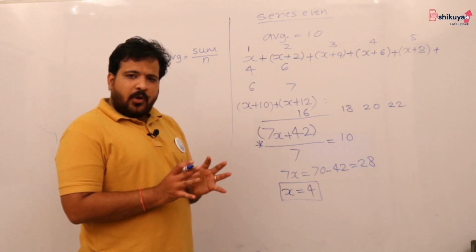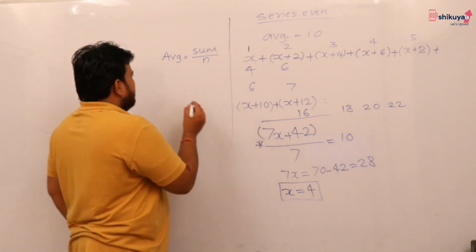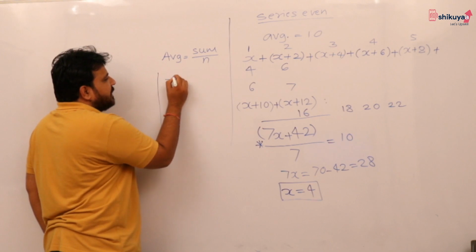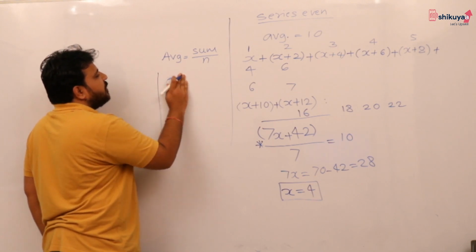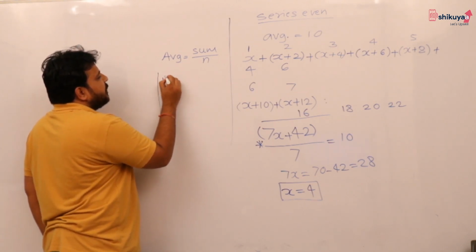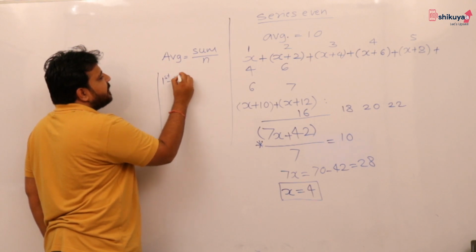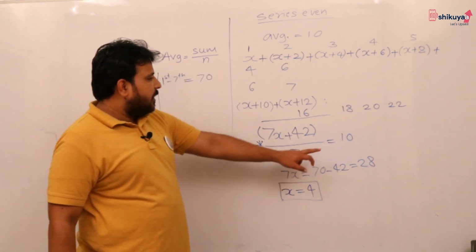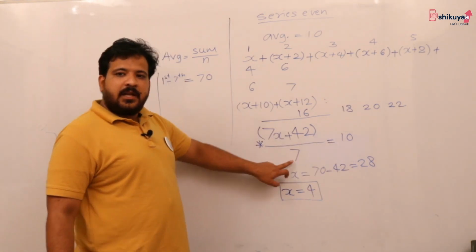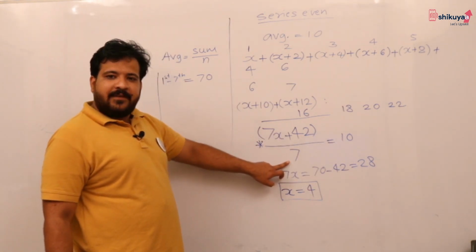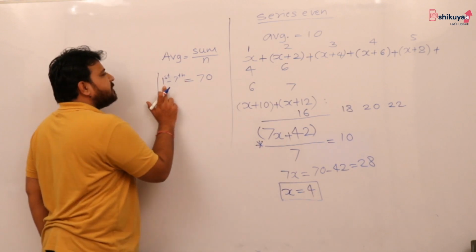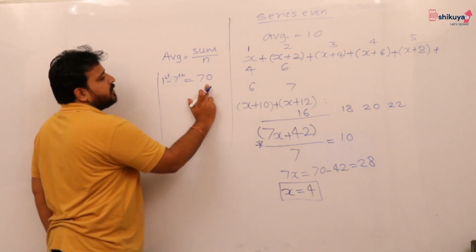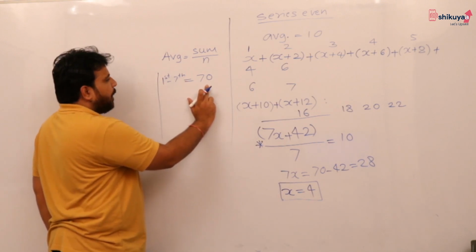So you need to understand one thing. Look at this. From the first term to the seventh term, the sum was 70. Am I right? As the average was 10, 10 into the total number of numbers, 7.